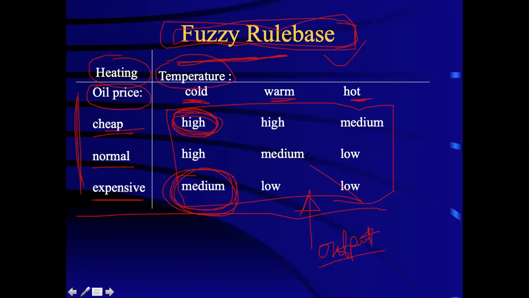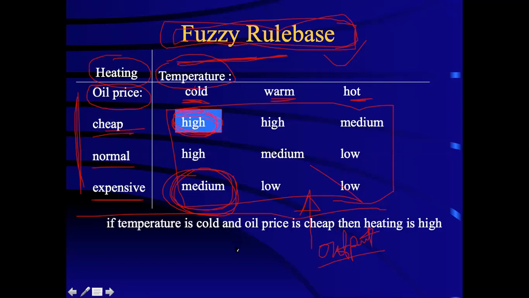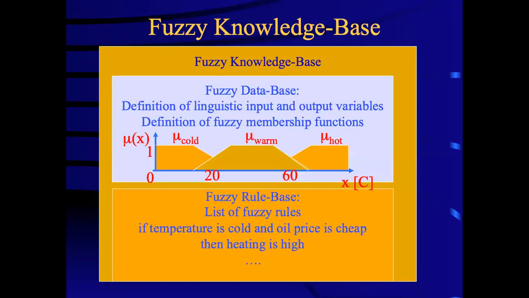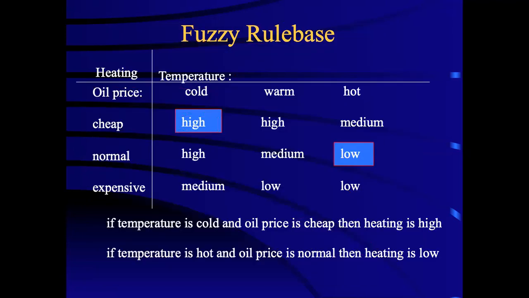And then you can reason about various given inputs, right? So this is rule number 1: if the temperature is cold and oil price is cheap, then heating is high. Then you can have another rule: if temperature is hot and the oil prices are normal, then the heating is low. Similarly, you can have different rules.